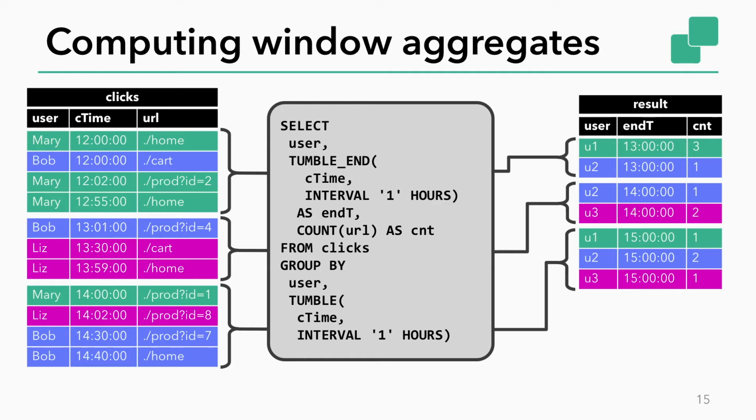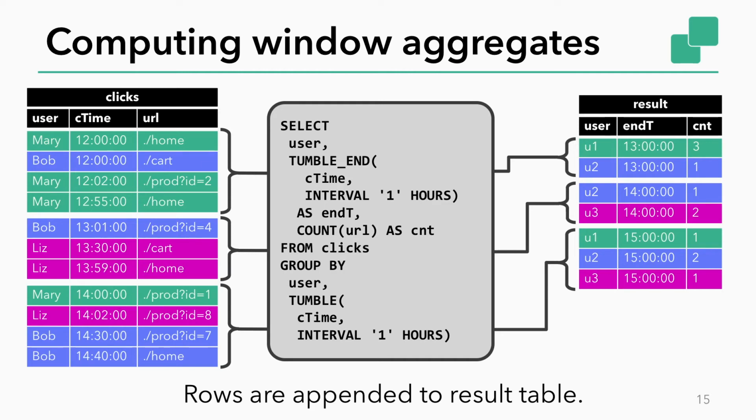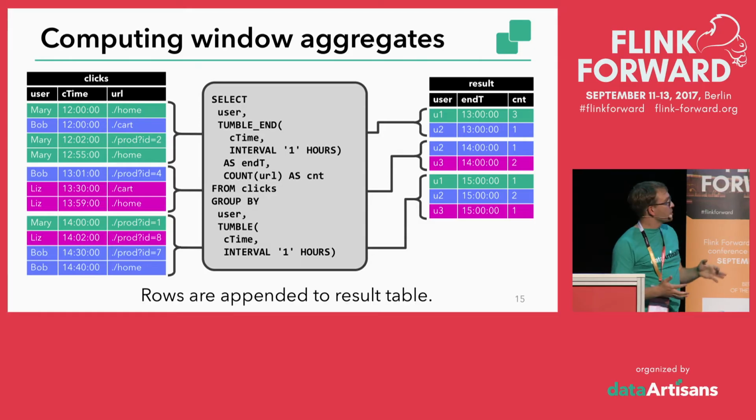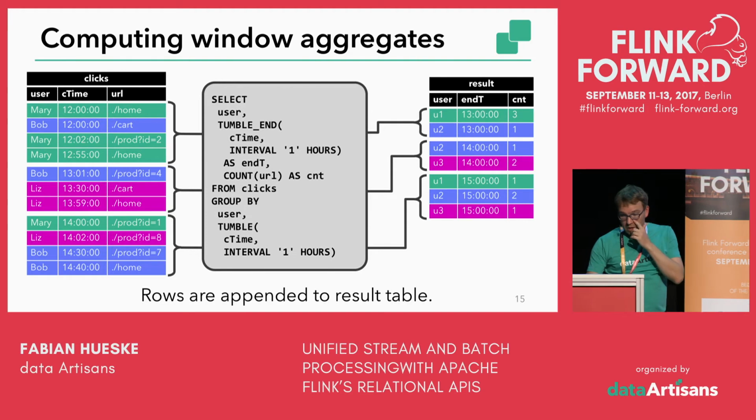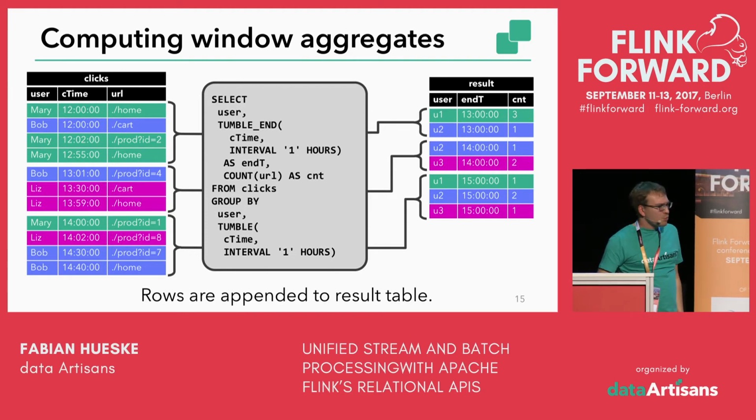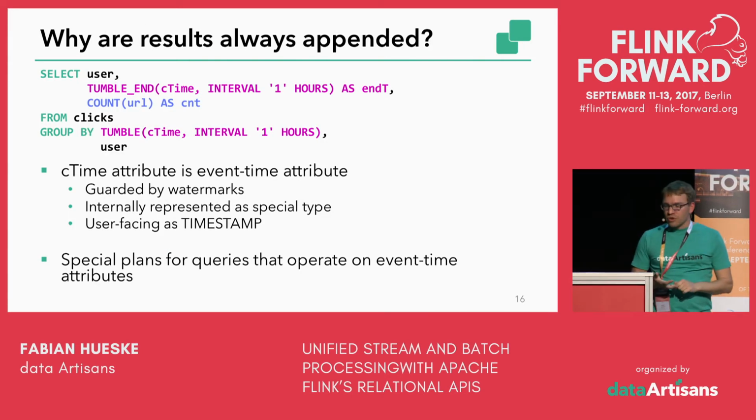So the table on the left-hand side is always appended. You always get more data, right? And the observation here, in contrast to the previous example where we had to update rows, is that in this case rows are simply appended to the result table. So why is it that we can actually append these rows now?